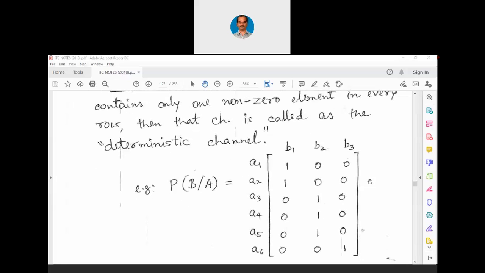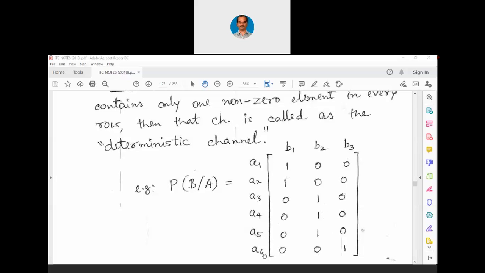Here you can see that B1 is received when A1 is transmitted, B1 is received when A2 is transmitted. Okay, but look at the row. At the row, it is either B1 received or B2 received or B3 received. B1 is received only when A1 and A2 are transmitted. Okay, B2 is received when A3, A4, A5 are transmitted.